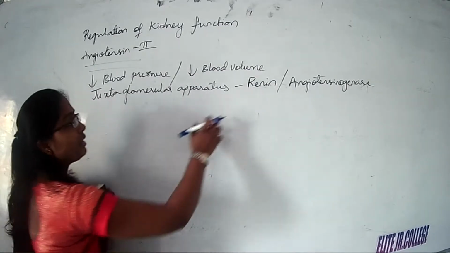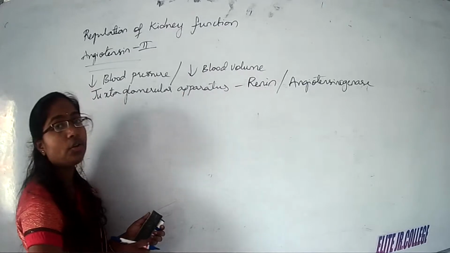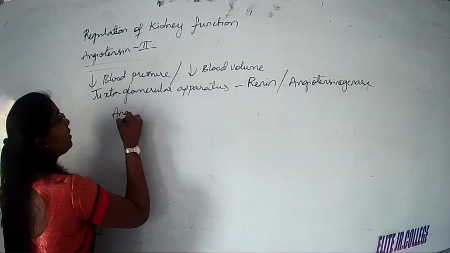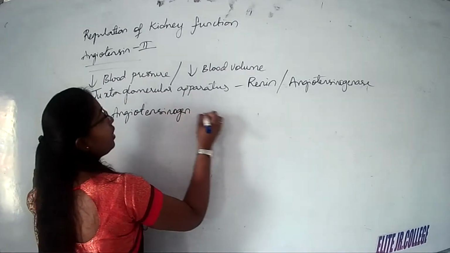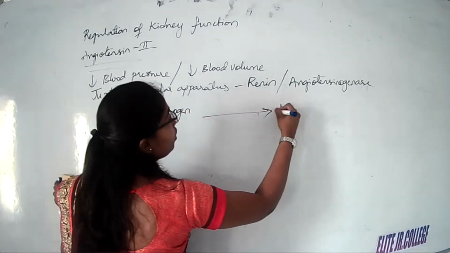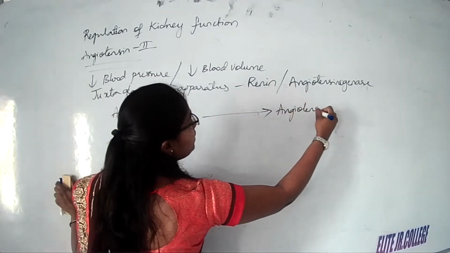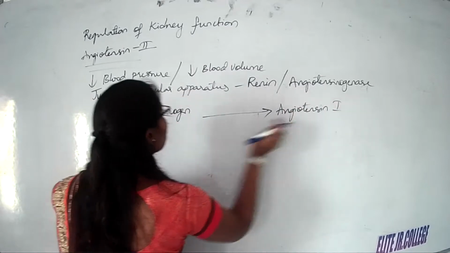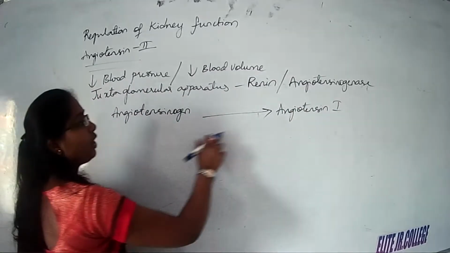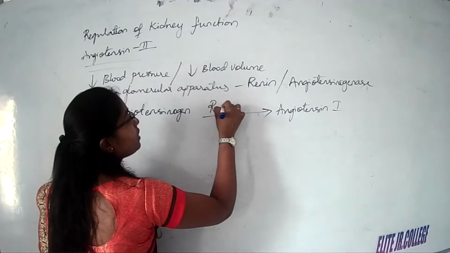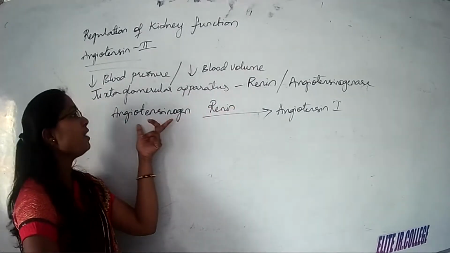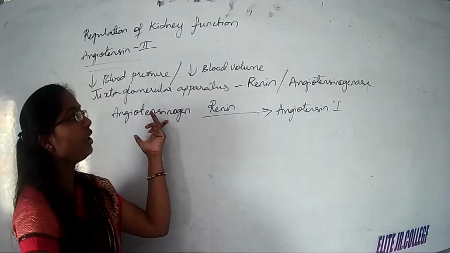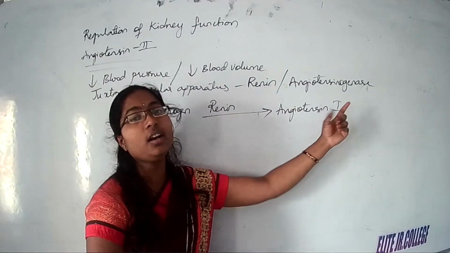So this enzyme renin is going to convert angiotensinogen into angiotensin 1. In the presence of the enzyme renin, angiotensinogen is converted into angiotensin 1.